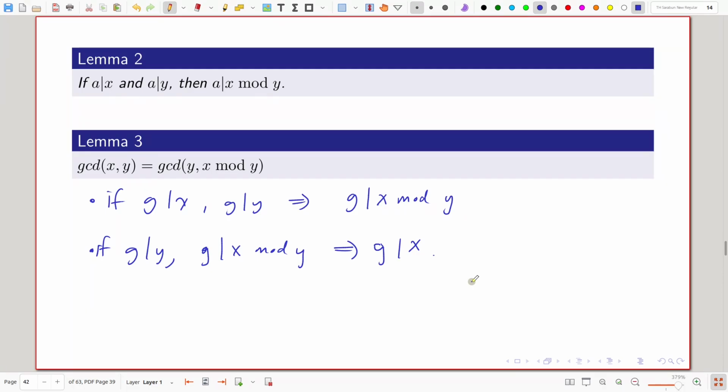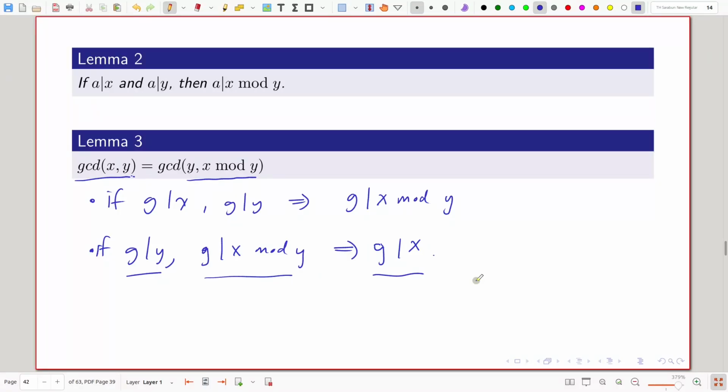On the other hand, the GCD of y and x mod y is going to be a common divisor of x and y as well, because if you divide y and you divide x mod y, you also divide x. So with these two statements, you can conclude that the GCDs of these two pairs of numbers are equal.